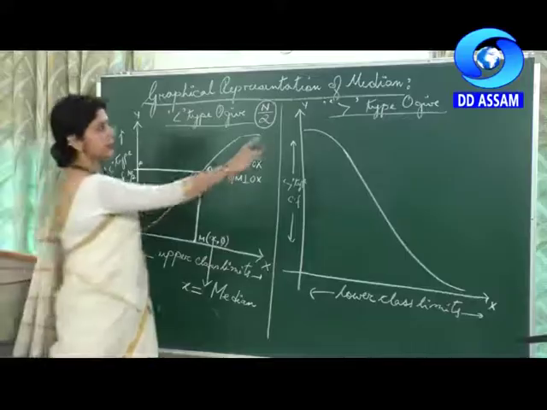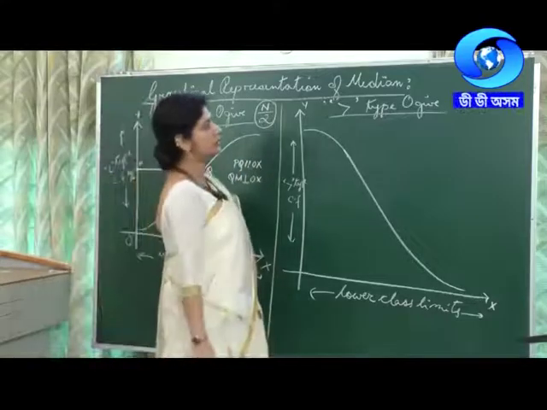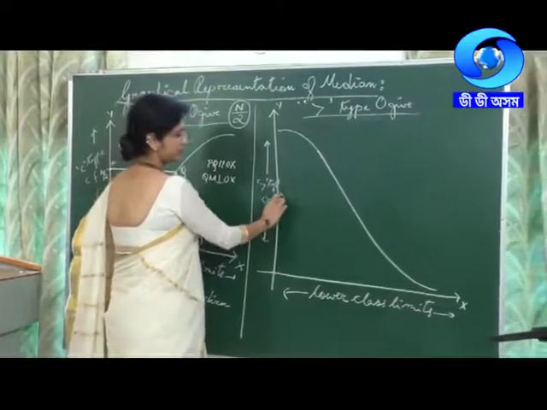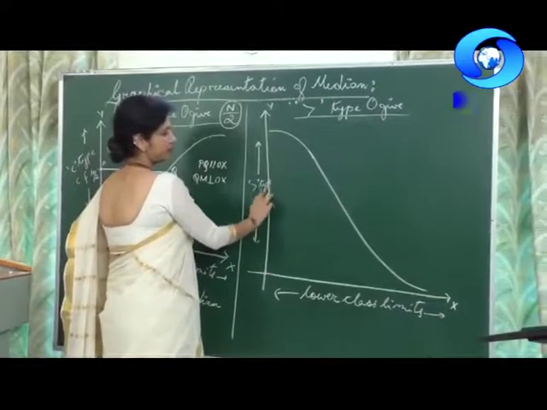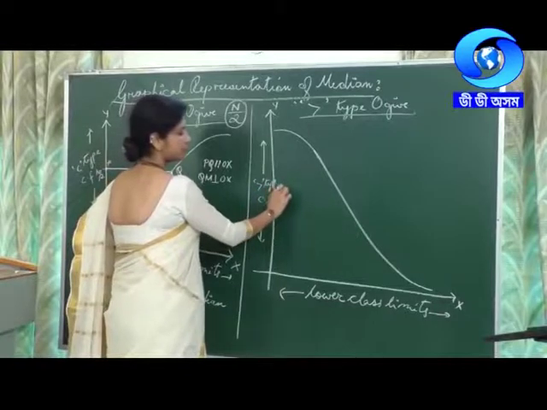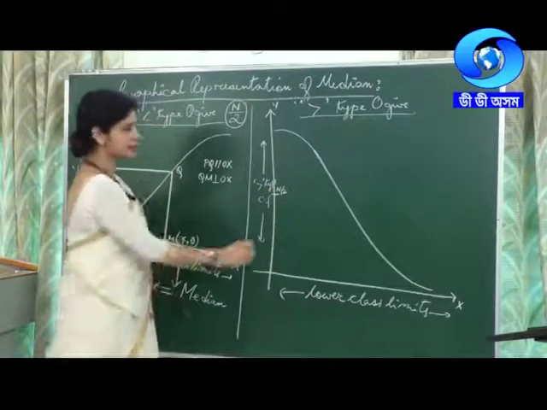Yes, similarly, if we make use of the more than type ogive, the same procedure is followed. We locate the point corresponding to n by 2 on the y-axis.